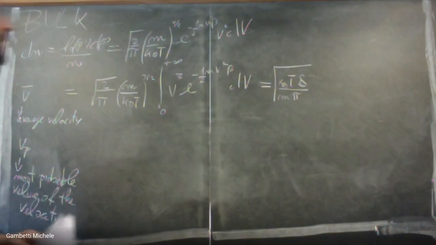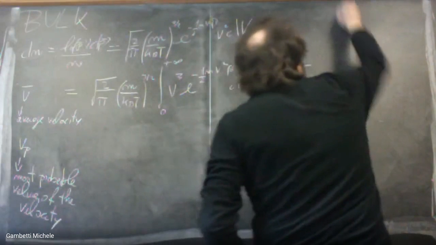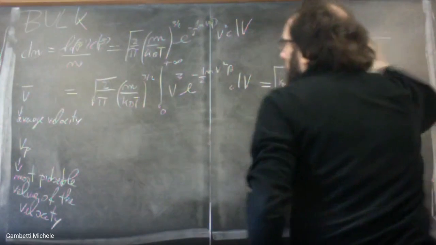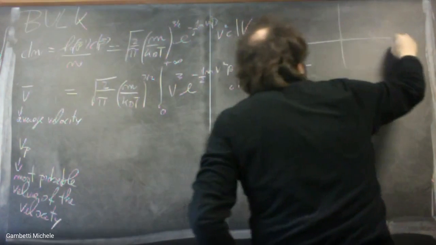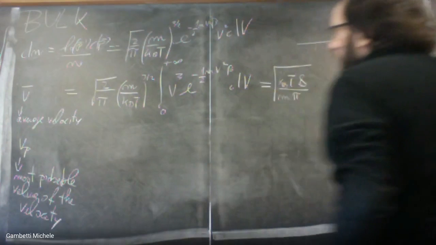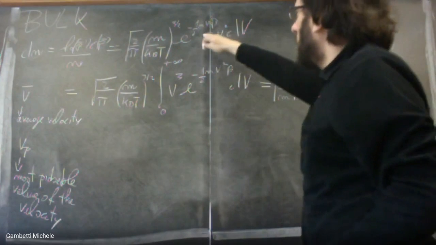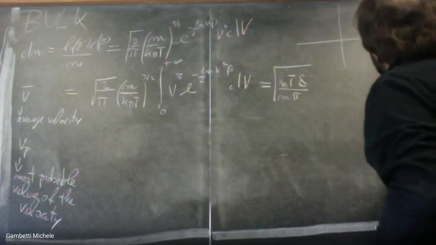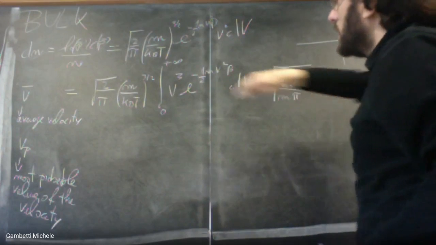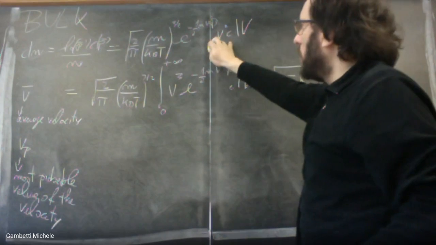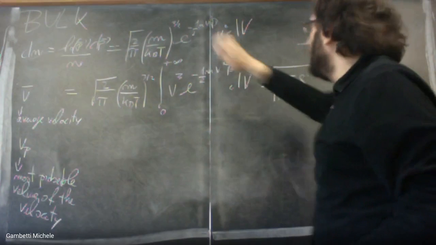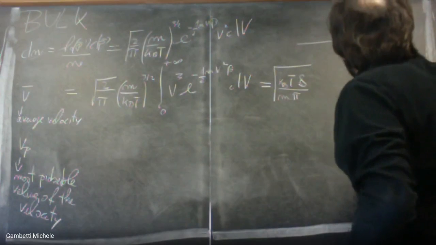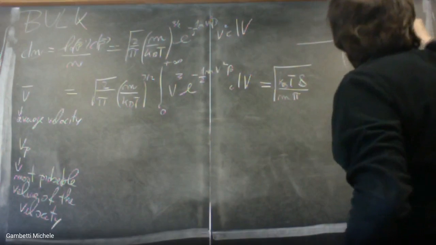No? You can make a plot of dn as a function of v, and of course there is a Gaussian tail here when the velocity is large, but for v small this goes quadratically with v, so then I will have a maximum. Okay, so something like this.